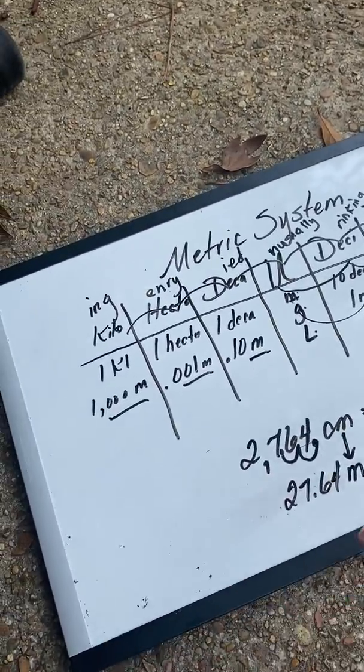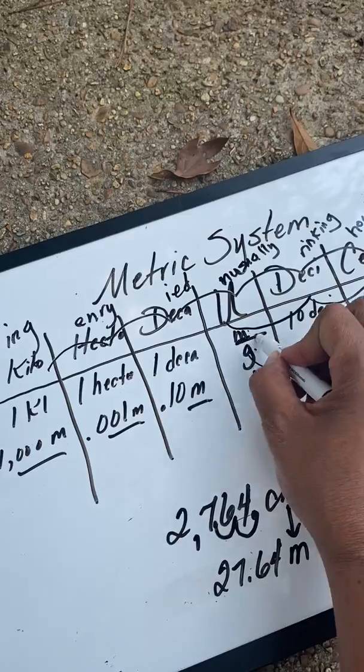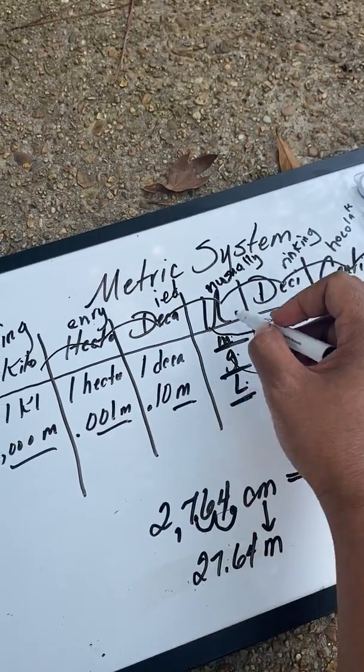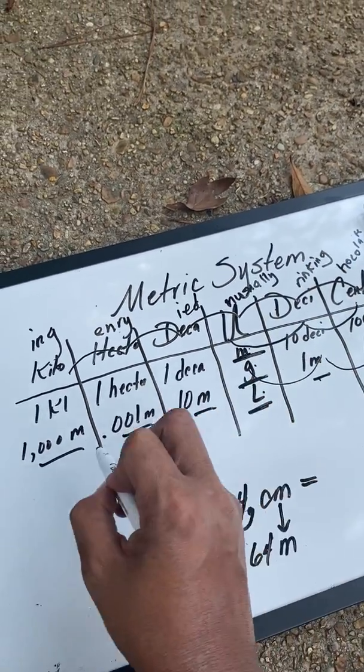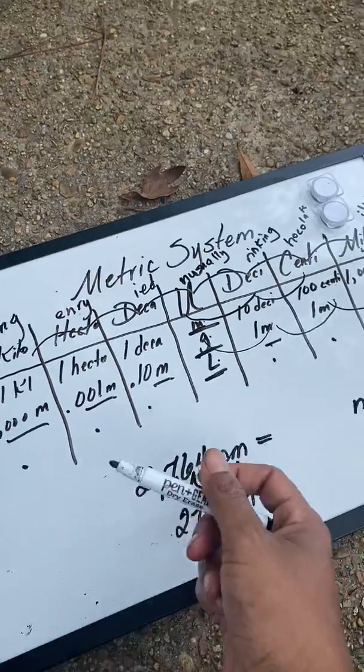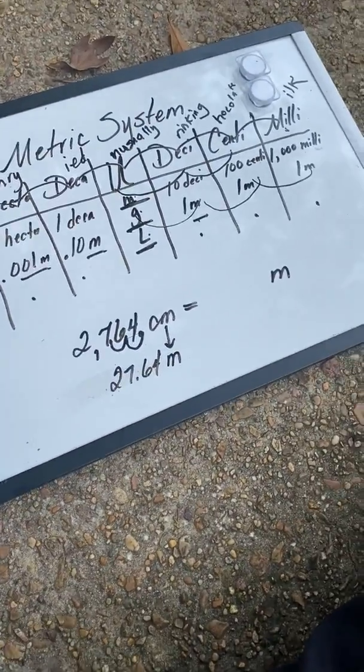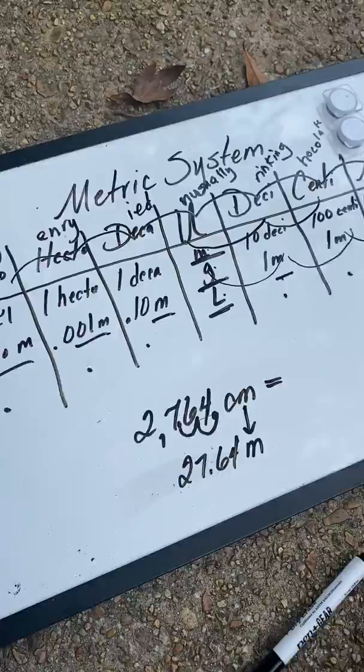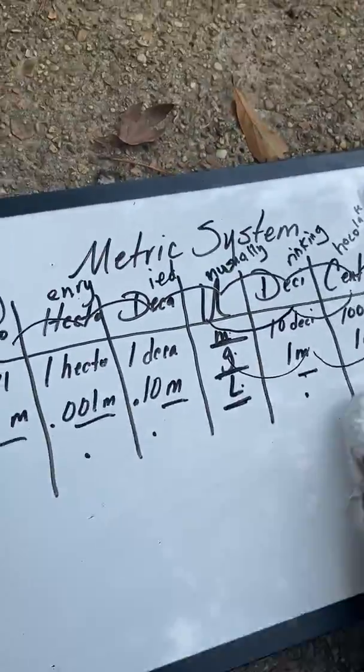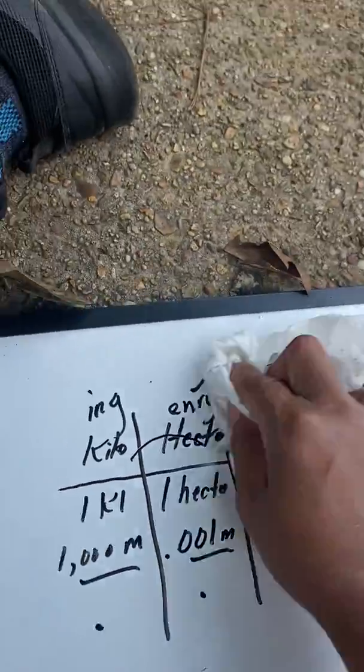So you'll know. And remember, this is meters, grams, and liters. This is unusually because it's nowhere on the chart. King Henry died unusually drinking chocolate milk. Get rid of this, it's starting to look like chicken scratch.